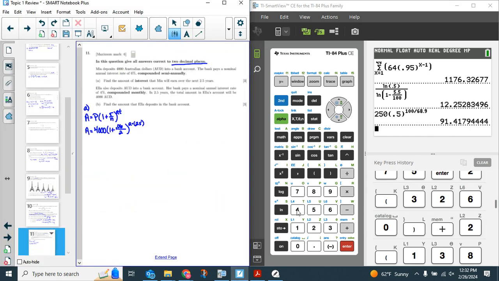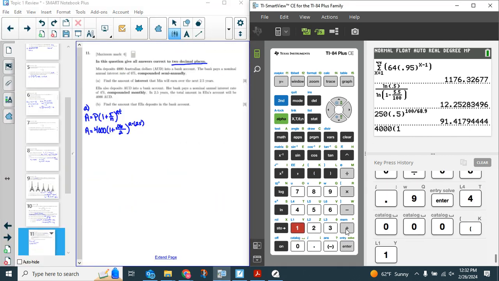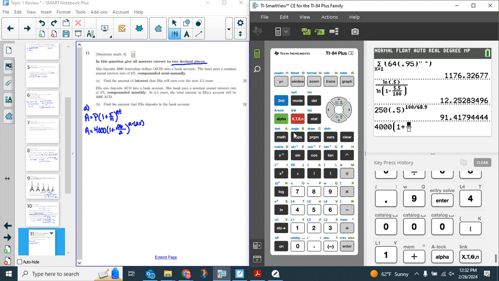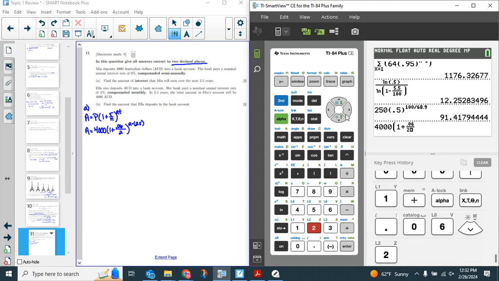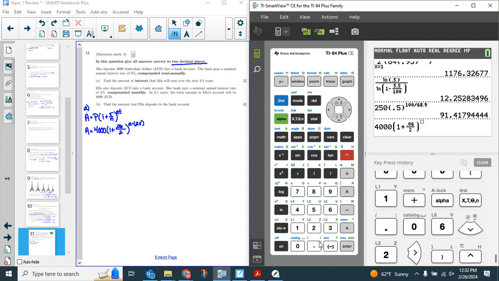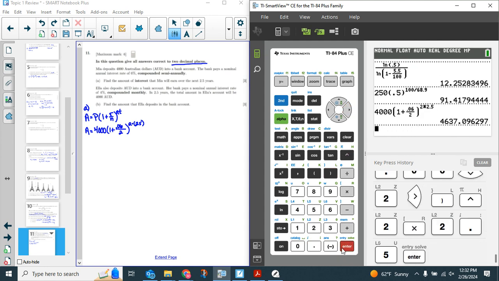So here we have 4,000 times 1 plus 0.06 over 2 raised to the 2 times 2.5 power. All right, 4,637. Of course, if we subtract the 4,000, 4637.0910, so 4637.10.